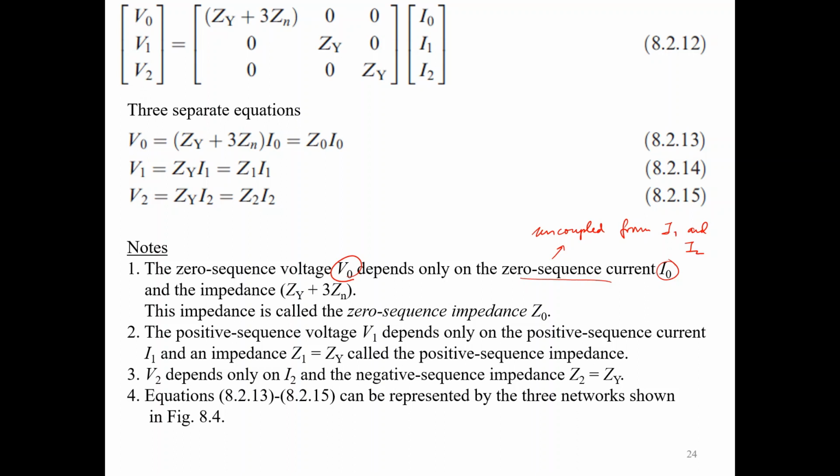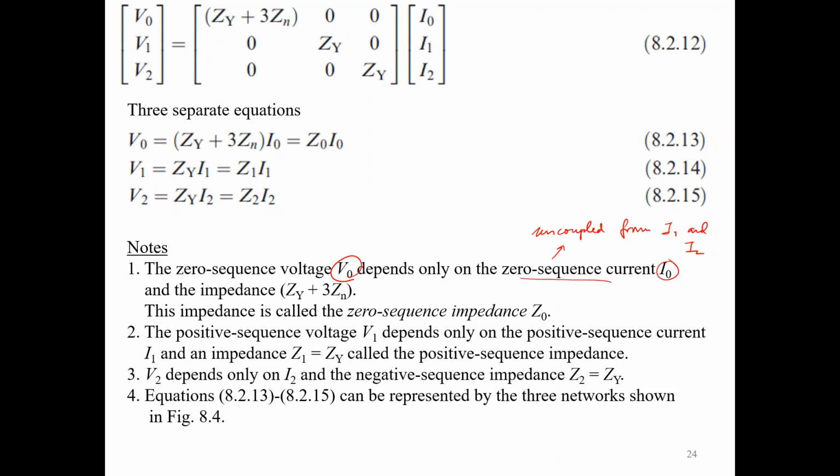The impedance Zy plus 3 times Zn is called the zero sequence impedance, Z0. The positive sequence voltage depends on just the positive sequence current I1, so it is uncoupled from I0 and I2. We call Z1 equal to Zy, the positive sequence impedance.